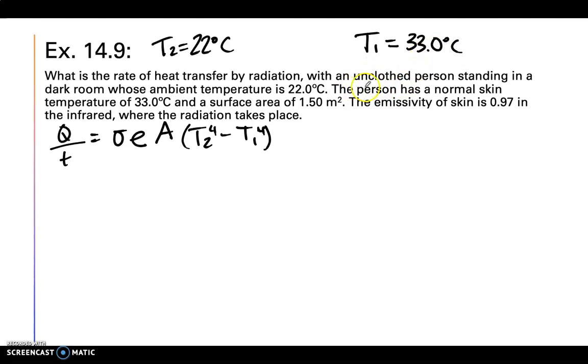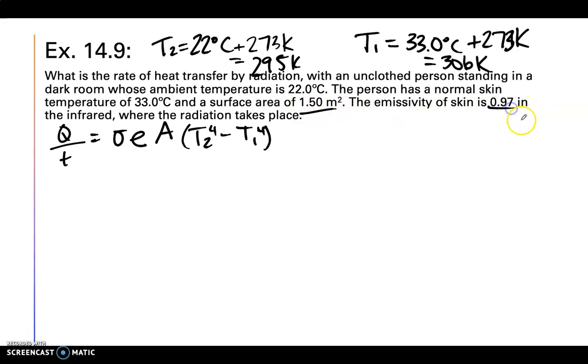And remember, we want this in Kelvin, so to translate that, we just add 273. That gives us 295 Kelvin and 306 Kelvin. We have our area and our emissivity, so we should be good to go.